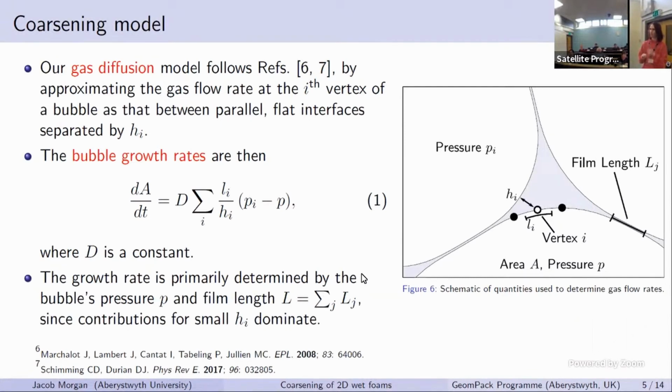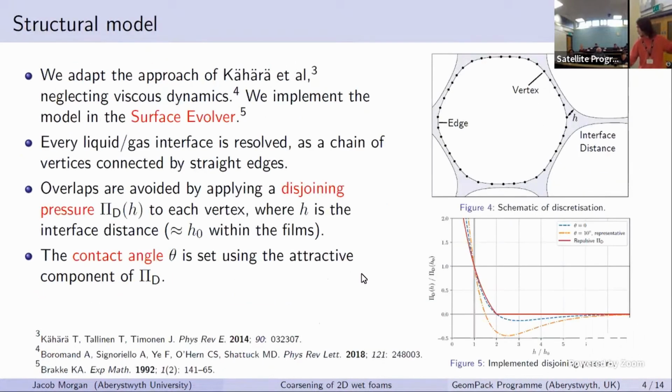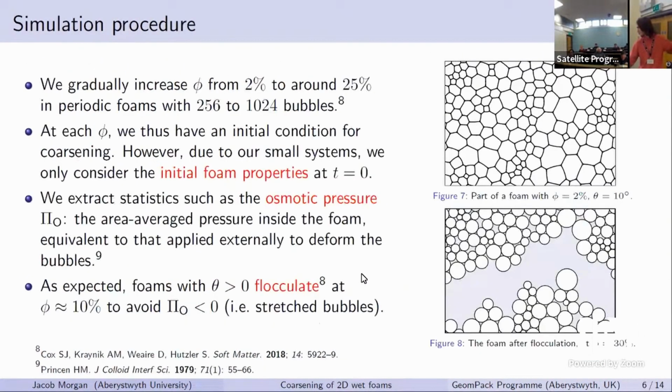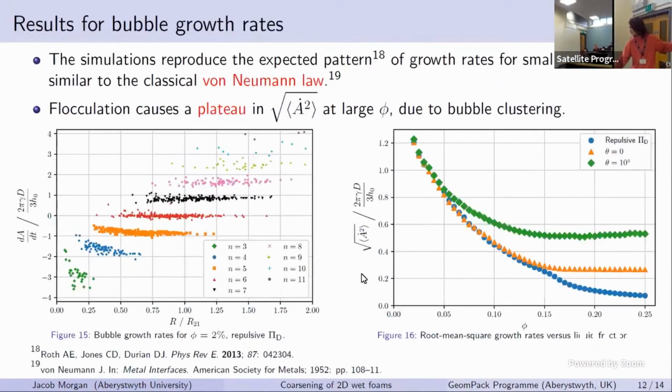I can comment maybe on one point, which was the initial size distribution. We tried to have something that is representative of a coarsening foam just by sampling from a distribution that was found experimentally by Ross and co-workers, which we'll be able to find, I think. Which is not necessarily representative of the coarsening wet foam.